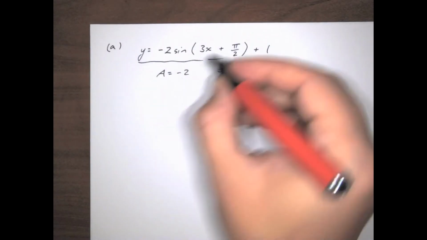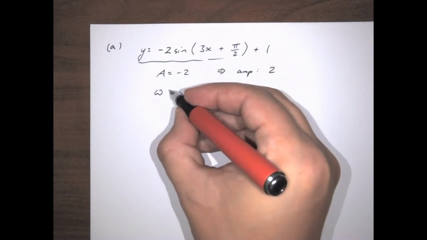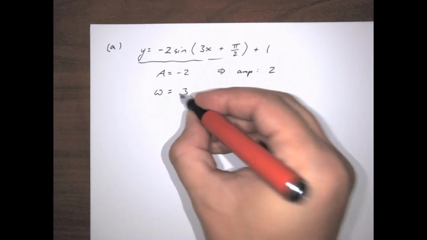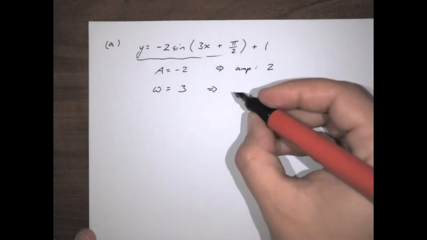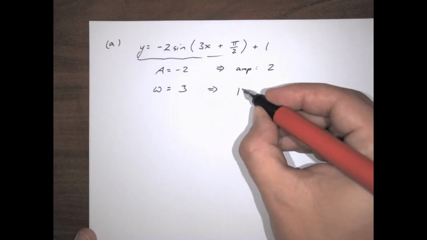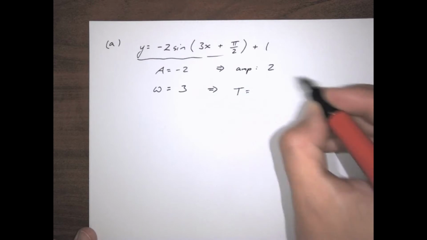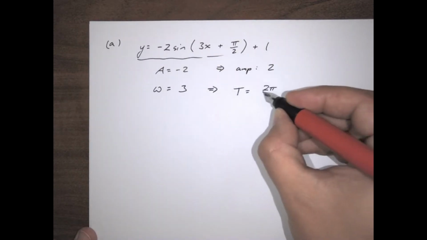Okay, what's playing the role of the omega? The omega here is 3, so it's the coefficient on the x, and that implies that the period is 2 pi over 3.